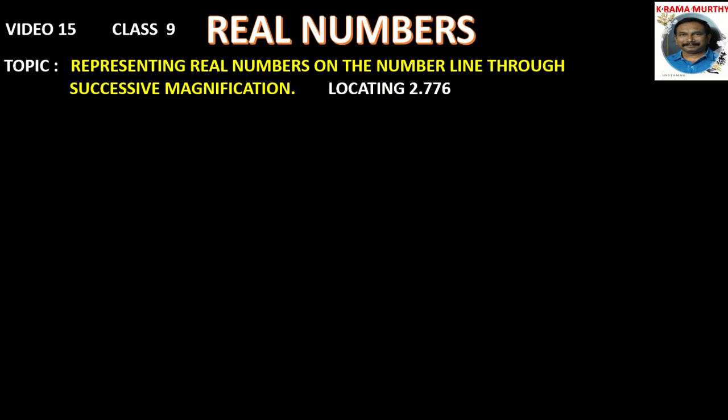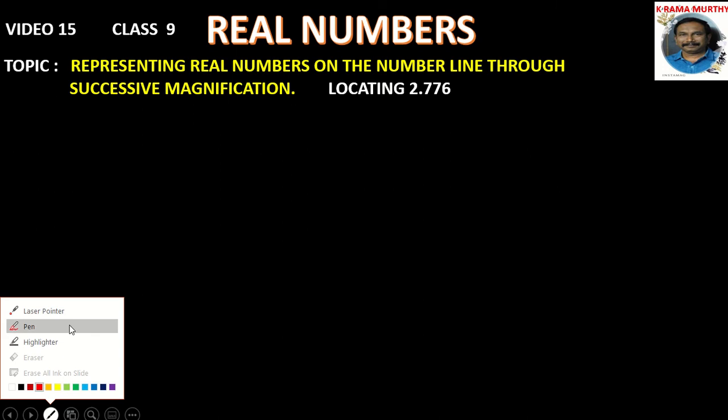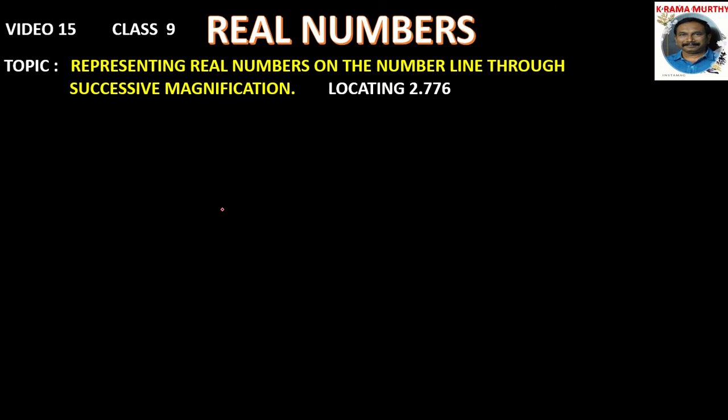Today we are going to learn about representing real numbers on the number line through successive magnification. Let us take for example locating 2.776.